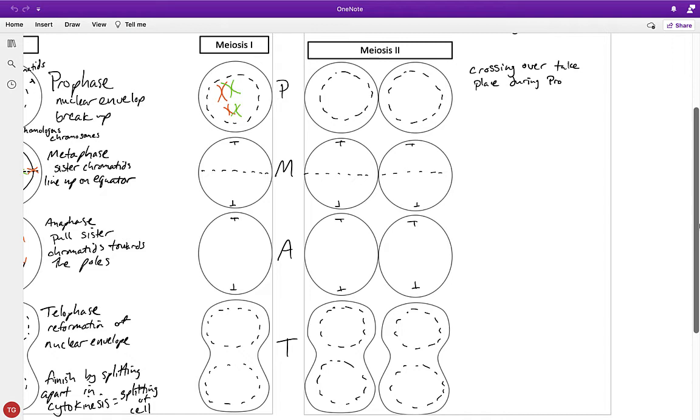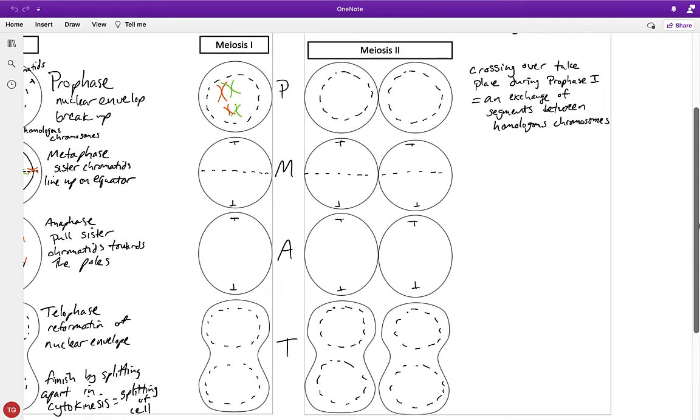Okay, crossing over is an exchange of segments between homologous chromosomes. And I want you to think briefly about what that really is going to mean.